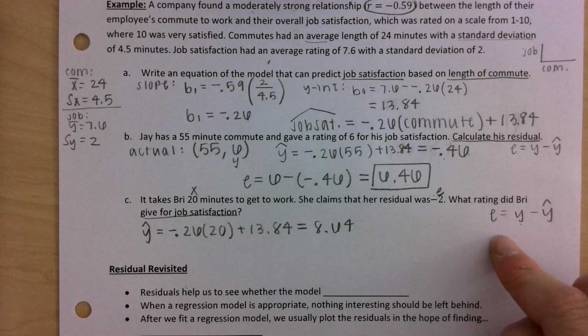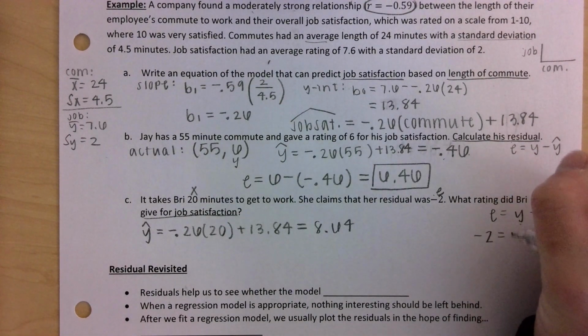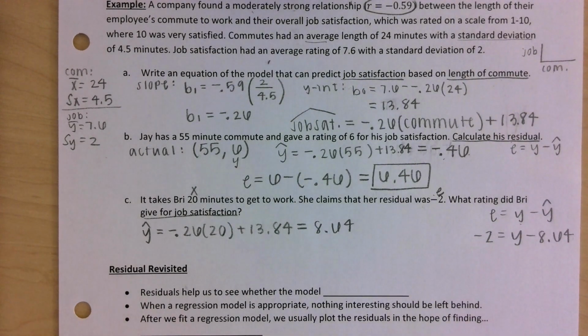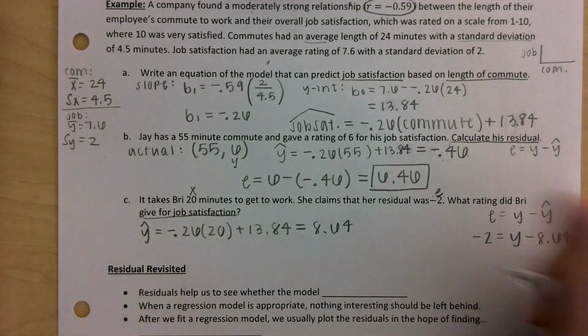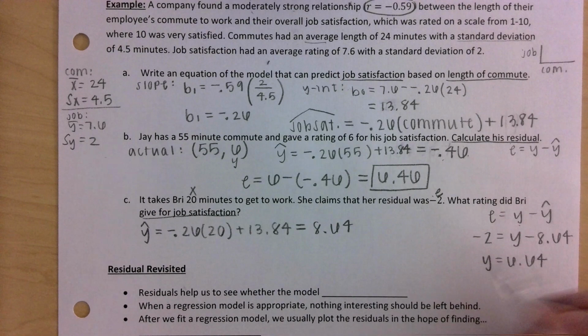Now plugging into my residual equation, the residual is negative 2. This time I'm looking for her Y value. So I have to do a little bit of algebra here. I'm going to add over the 8.64 and we get 6.64.